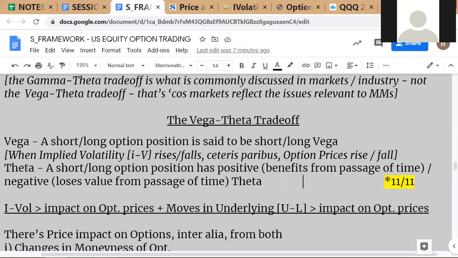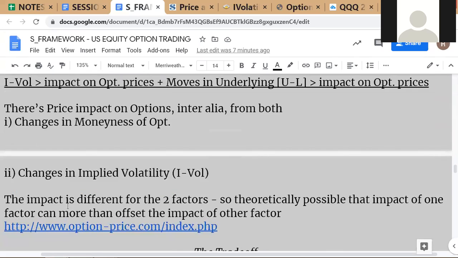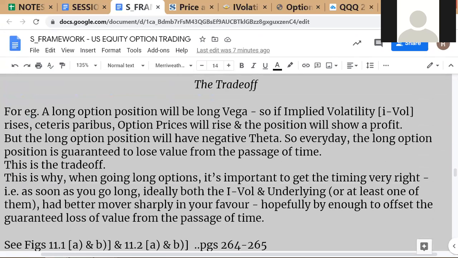But the short option position has positive benefits from theta, and a long option position has negative benefit from theta, in the sense that it loses value with the passage of time. So here, one thing we have to look at is, we have also discussed this. Let me just talk about this here at the trade-off stage.